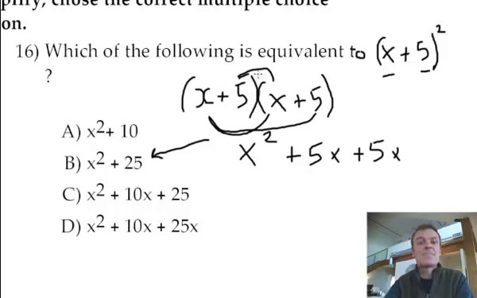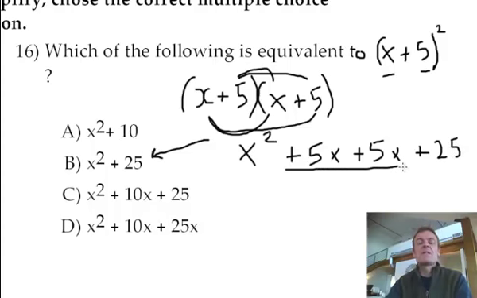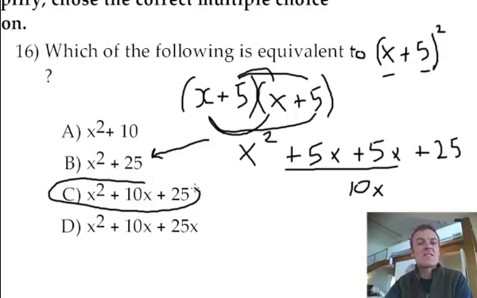And the last, here's where the 25 comes in. 5 times 5 is 25. Now this time, if I add the middle two because they are like terms, I will get 10x. So these don't cancel. I've got 10x. Here it is: x squared plus 10x plus 25, and that's the answer.